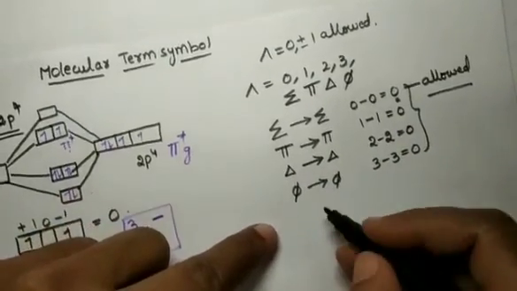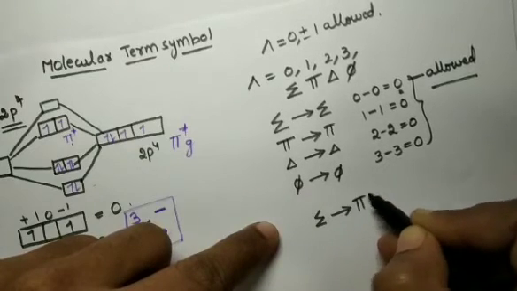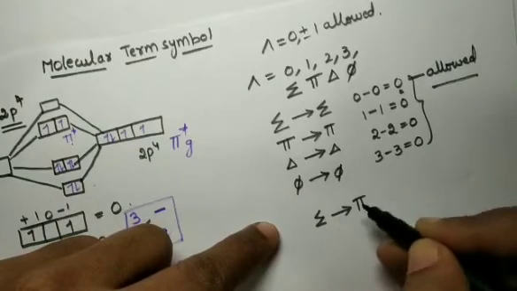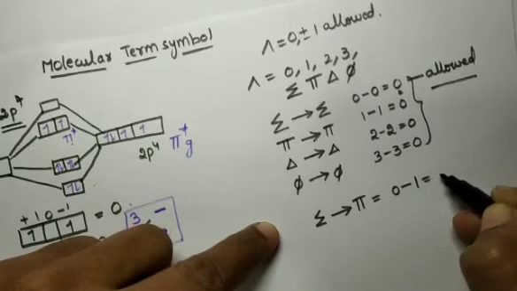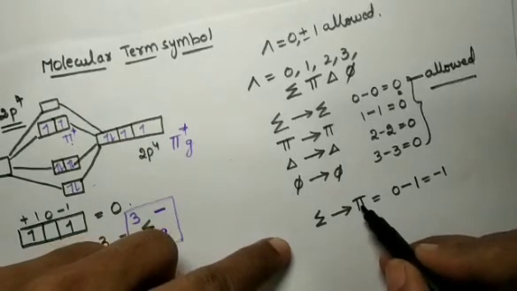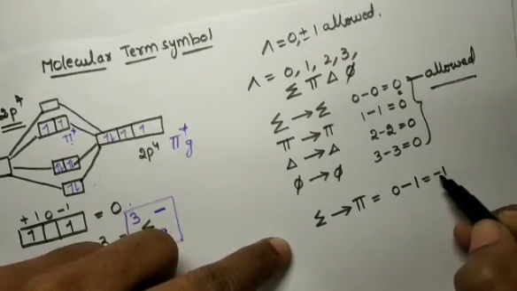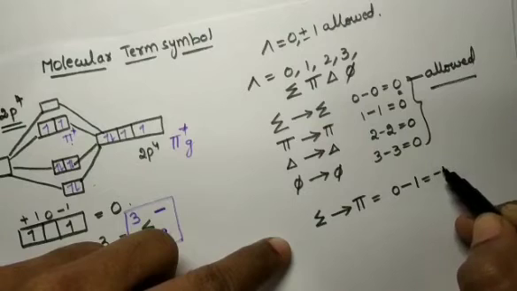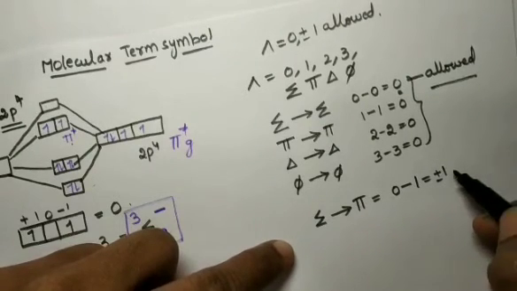And if we have sigma to pi, 0 minus 1 is equal to minus 1. If we have pi to sigma, then 1 minus 0 is equal to 1. That means if we have plus or minus 1, whatever it may be, this is also allowed.